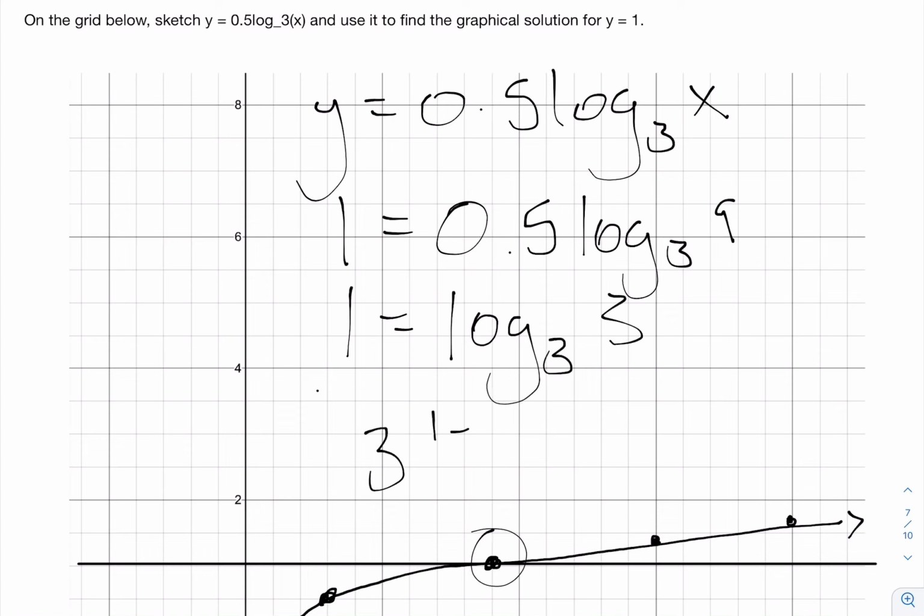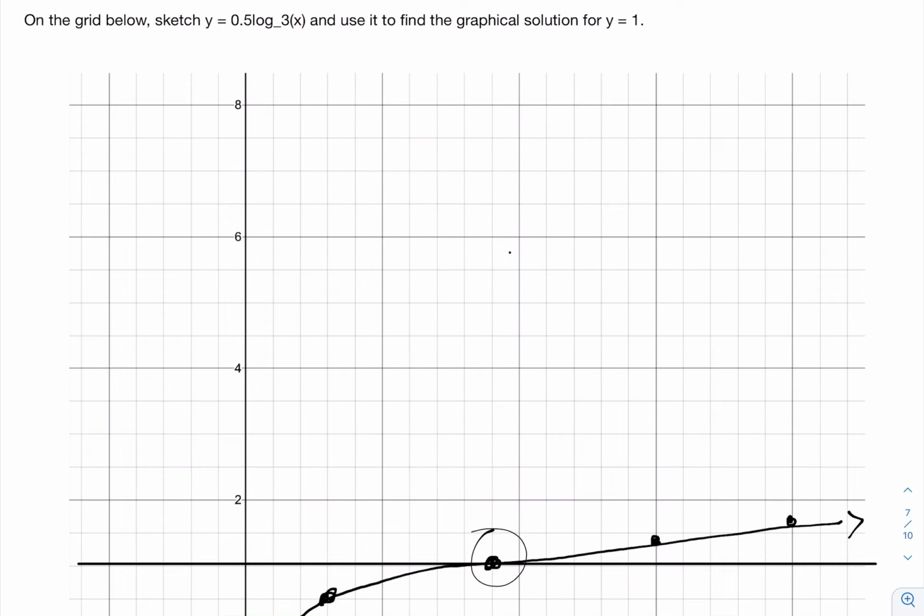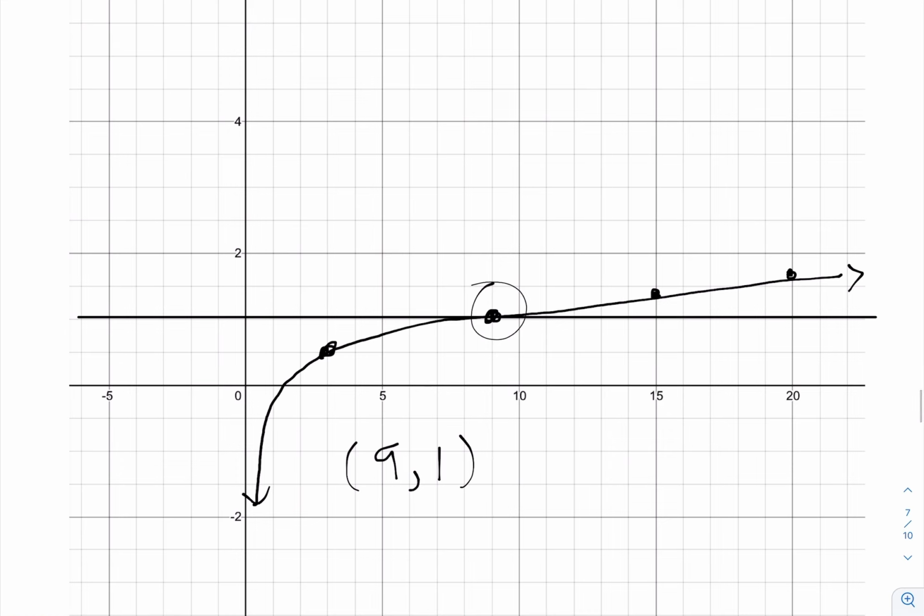We're saying 3 to the power of 1 equals 3. That is true, so that system works, and y equals 1 is independent of the x, right? So we know that that's right. So solving algebraically, we can determine that the coordinate 9 and 1 is going to give us our solution for this system.